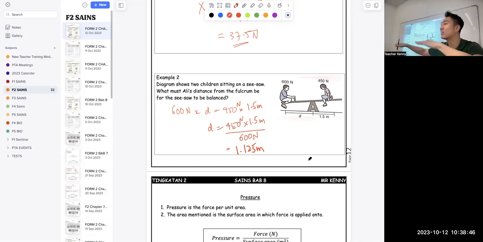Okay, so just have to see. Let me see where I should stand for us to be balanced. They asked me to study science and mathematics, I give it to have fun.